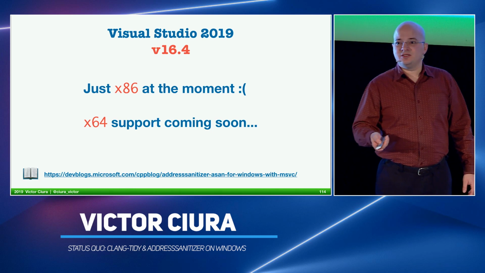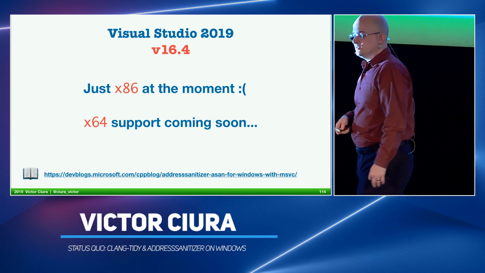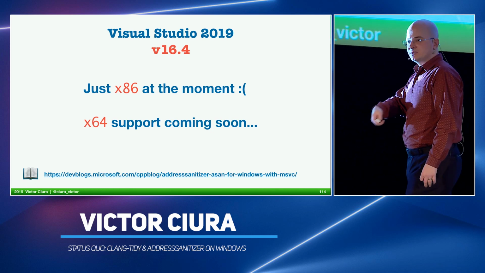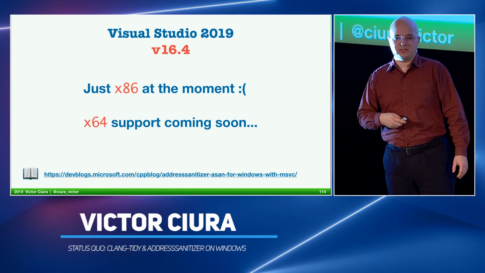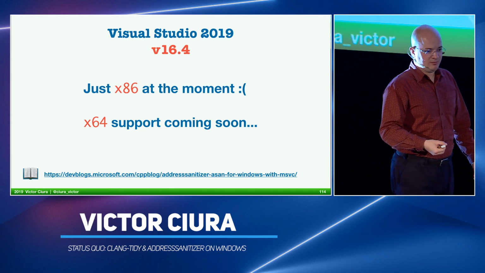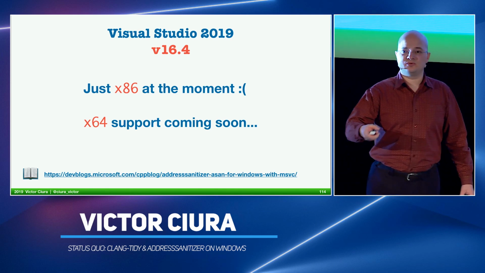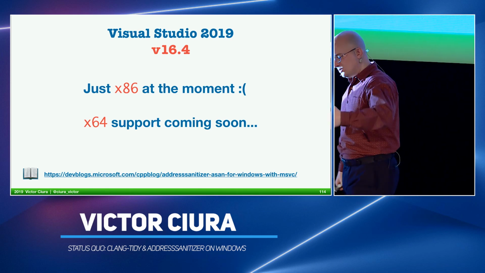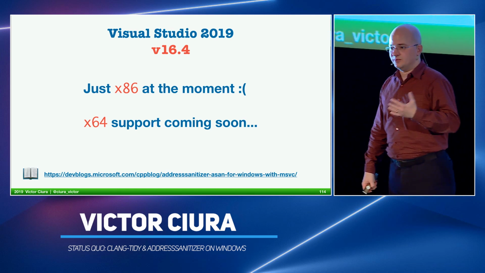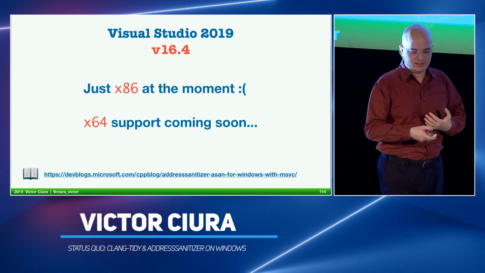Unfortunately, at the moment, it's just for 32-bit applications. So they're working on the 64-bit ASAN runtime. So I'm hoping it will be not in 16.4, but maybe 16.4.1 or something. So I'm hoping for 64-bit support really, really soon. They're actively working on it.